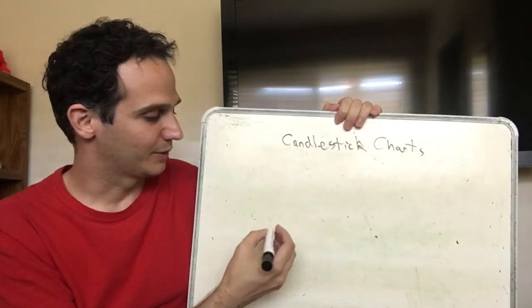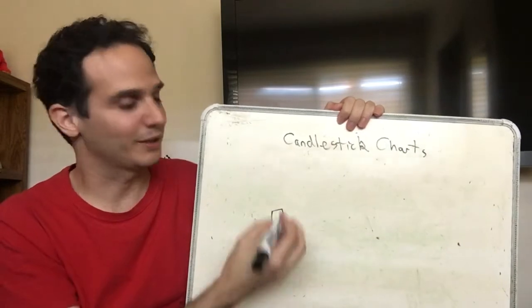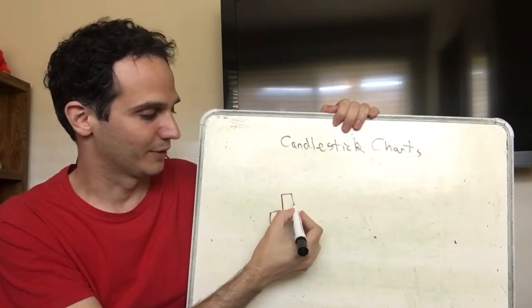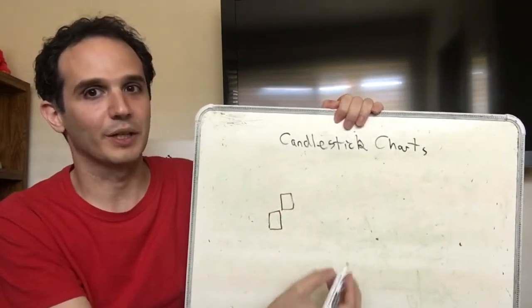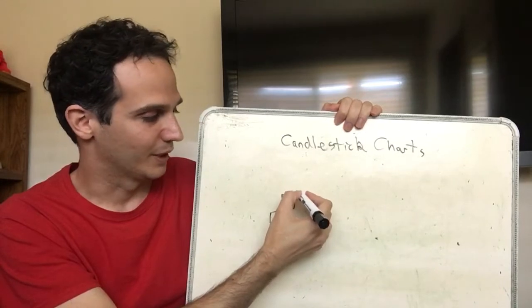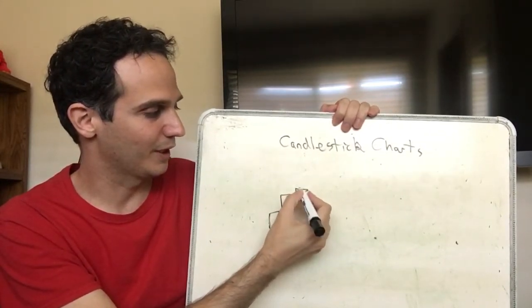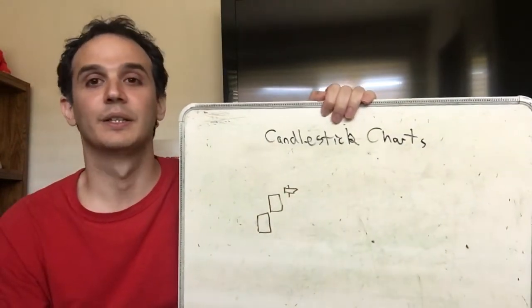So the clear candle will be a red candle or a green candle. So let's say if we have two green candles going up, and then maybe you got a small candle that maybe looks like that.